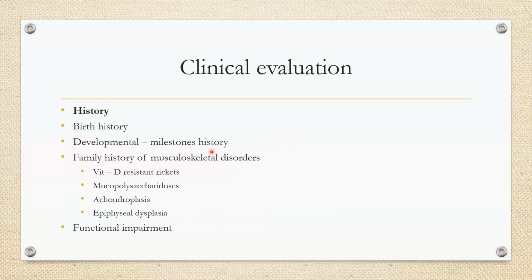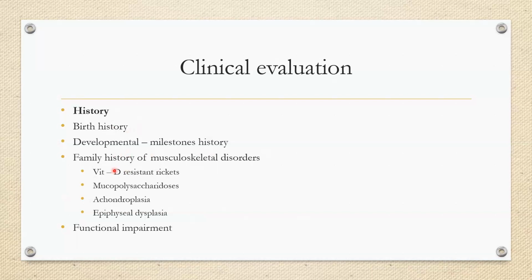So how do you go about evaluating these cases? The first thing is the history, pertinent to all the possible etiological factors we are worried about. So birth history: any symptoms or deformities of the feet at birth, any prematurity or intrauterine factors possibly causing restricted growth. Then developmental milestones history, to look for any possible neuromuscular causes for deformity.